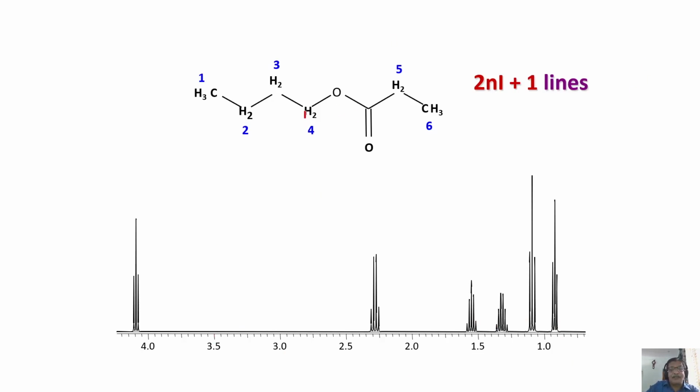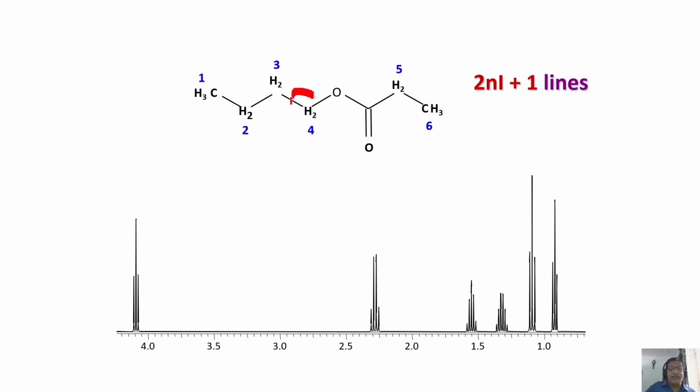But remember, there is a CO. If I take this proton H2, there is 1 bond, 2 bond, 3 bond, 4 bond, 5 bonds away. This proton coupling to this proton probability is very low.